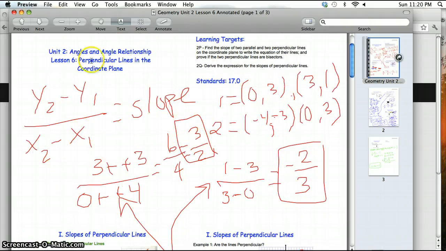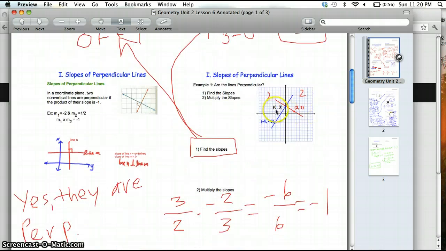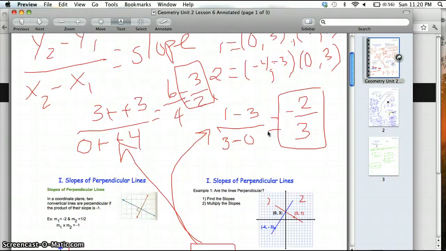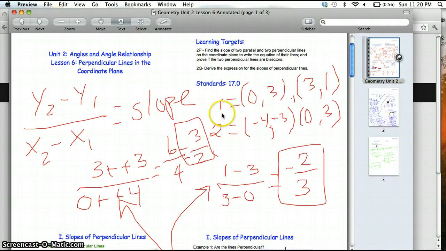Now remember, our slope formula is y2 minus y1 over x2 minus x1. So for line 1, our points were (0, 3) and (3, 1). And for line 2, our points were (-4, -3) and (0, 3). I just took those from the graph. Now, let's find the slope of line 2.